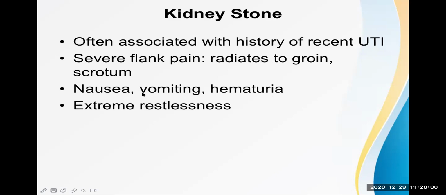This vomiting and nausea is because of severe pain, whereas hematuria because of the stone which is lodged there. And patient becomes extremely restless because of severe pain. This is one condition where pain is a lot, especially in ureteric stone, the pain is a lot more than the kidney stone.